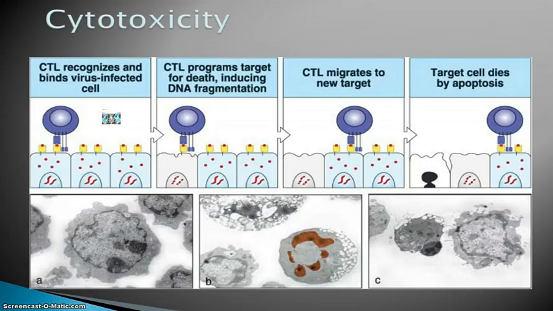And this is kind of what happens. This would be a CD8 cell coming into contact with cells. If it detects that the cell is infected with a virus, it's going to stimulate that cell to undergo apoptosis. It's going to cleave up the DNA and basically be destroyed.